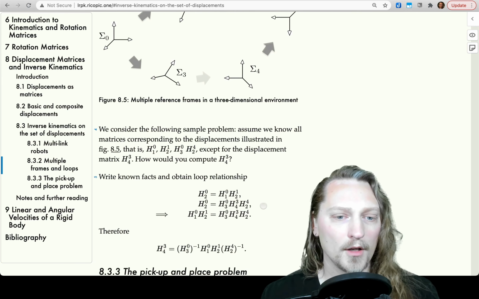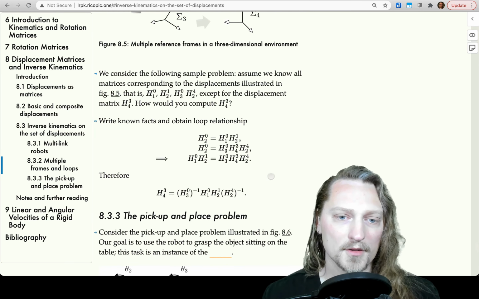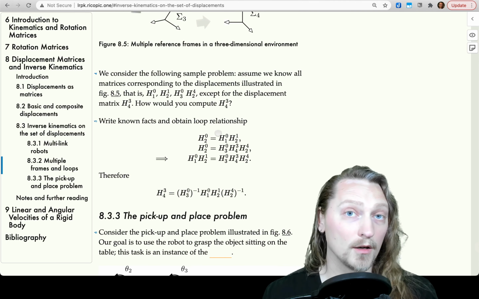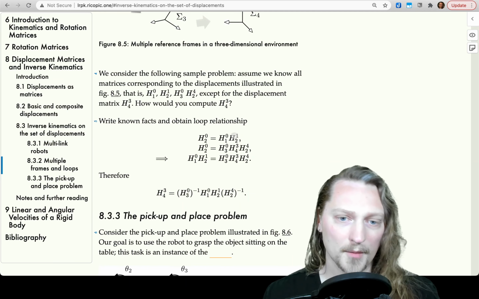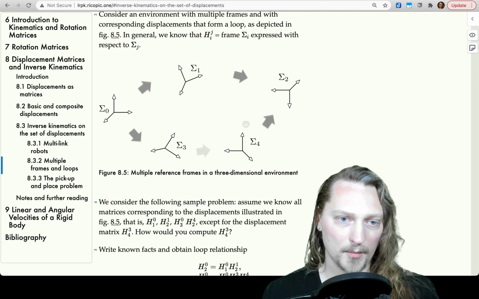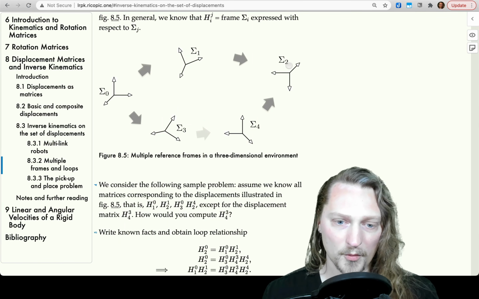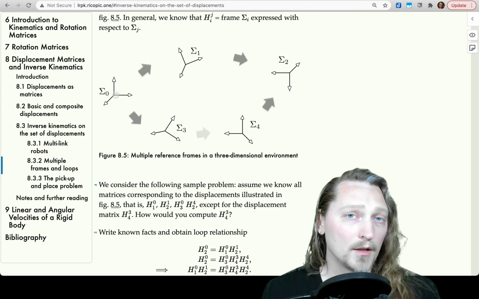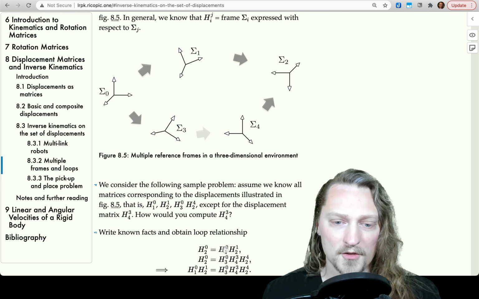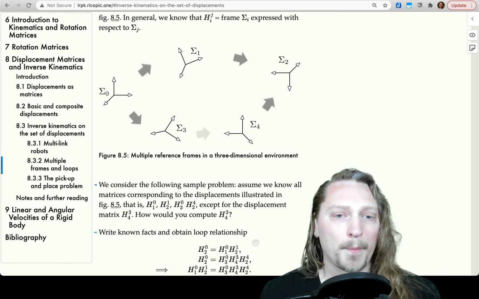So let's write down the known facts and obtain the loop relationship. So we know that H_2^0 is H_1^0 H_2^1, subscript matching with superscript. Looking up here, if we traverse the upper part of the loop, we can say that H_2^0, sigma 2 in terms of sigma 0, is H_1^0 H_2^1.